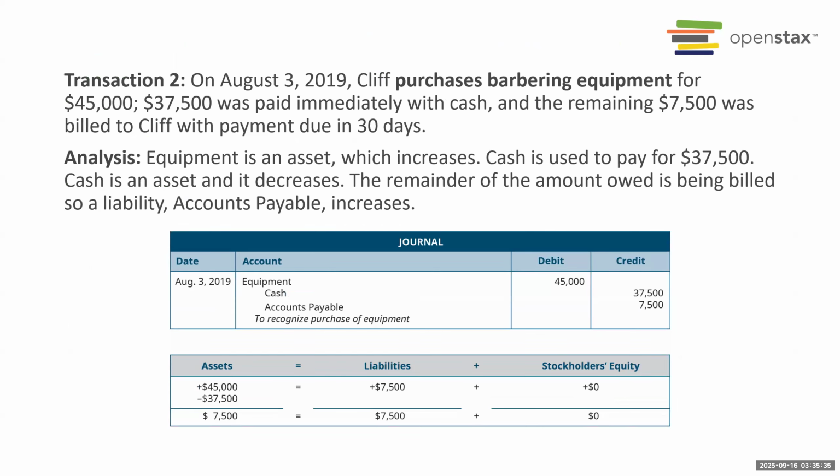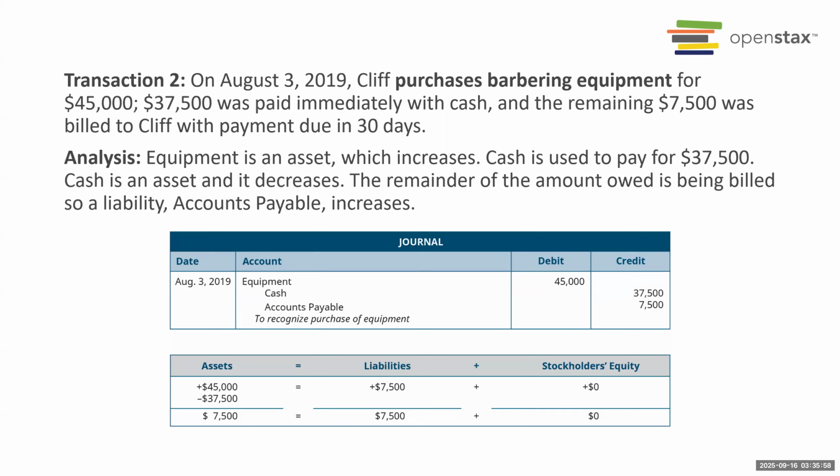We purchase equipment, $45,000 worth of equipment, some of it for cash and some of it for a payable or on credit. So the equipment is debited $45,000. Cash is credited $37,500, and accounts payable is credited $7,500.